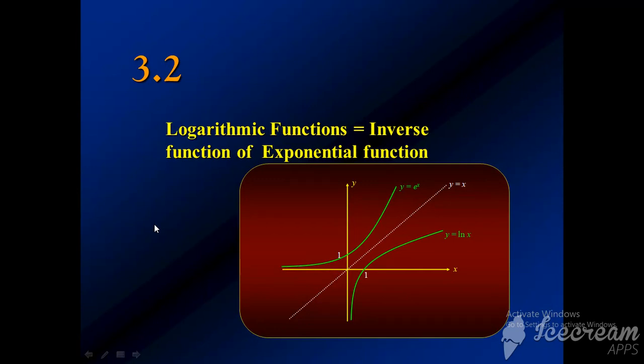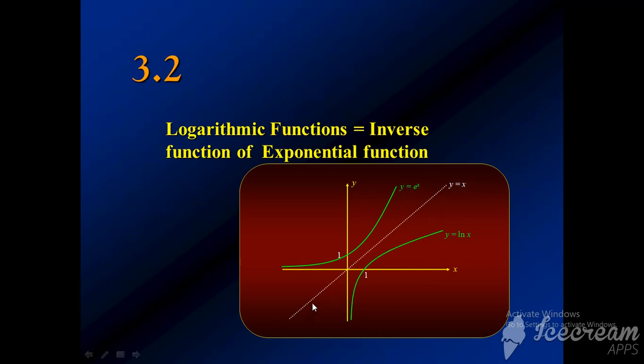And now let us talk about the logarithmic function. This is the inverse of the exponential function. Look here, the graph of the standard form of the exponential function e^x is above the x-axis, that is this curve. And now the inverse of this will be the curve obtained by interchanging the positions of x and y.